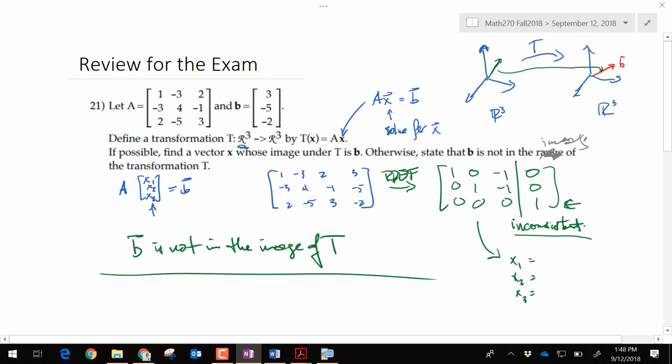That's the vector that hits B when you put it in. So if we had 4, I say what number is going to get you 4 if you run through the square root function? The answer would be 16. So that's the number that would hit 4.